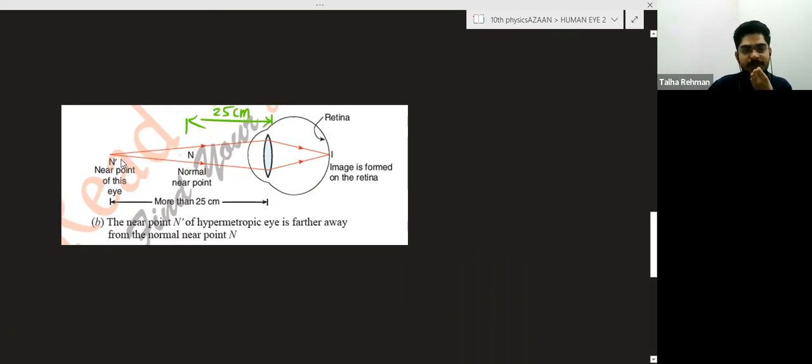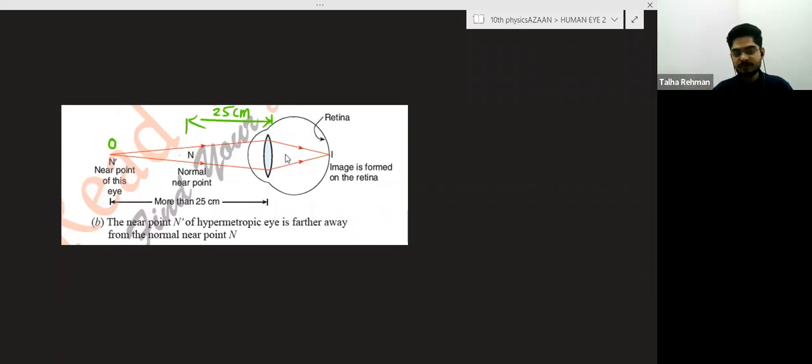So if the object is here, at the near point of this hypermetropic eye, then the image will form on the retina. It means if the object is at the near point, then this eye is able to see the object clearly. Less than this, the eye is not able to see the object clearly.